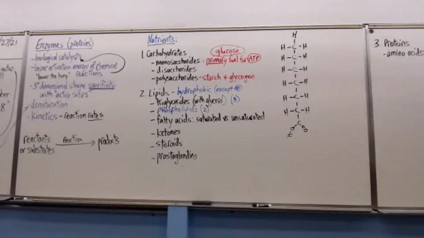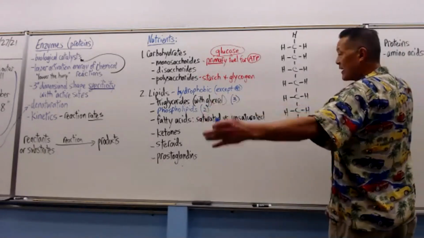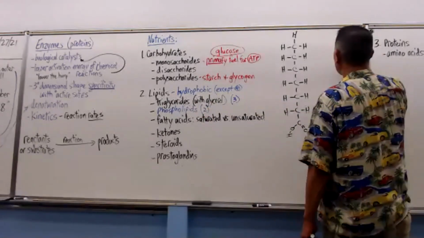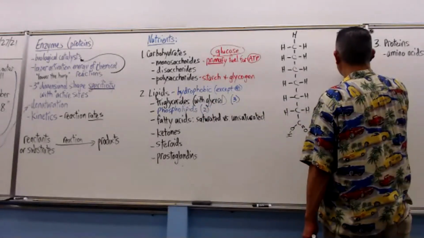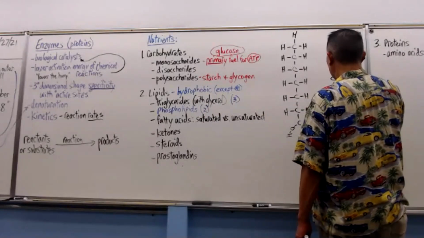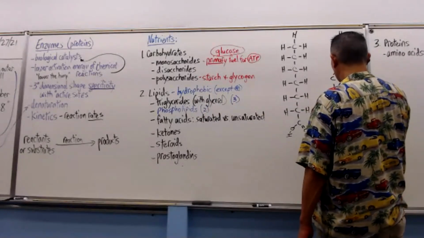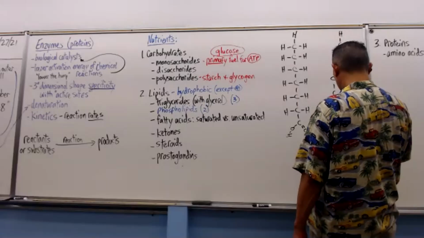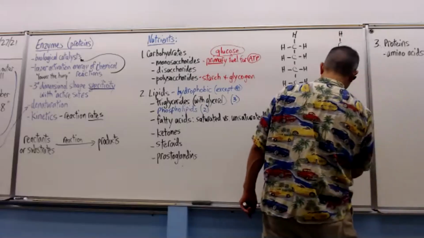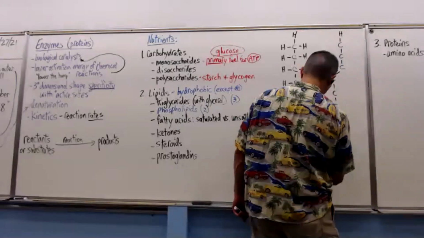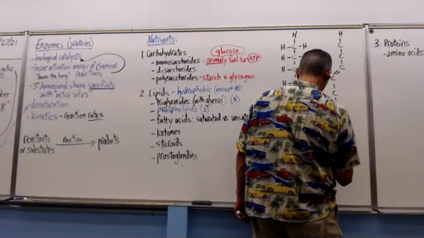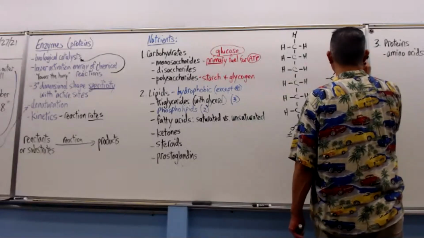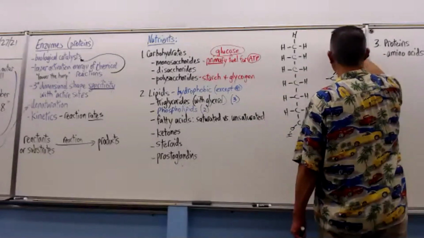But carbon always has 4. Each C can only have 4 lines coming out of it.